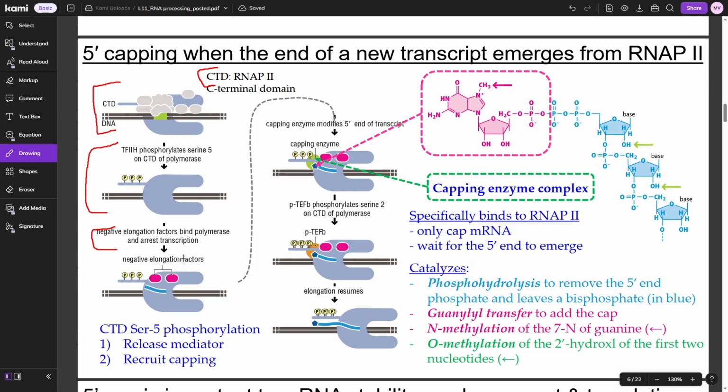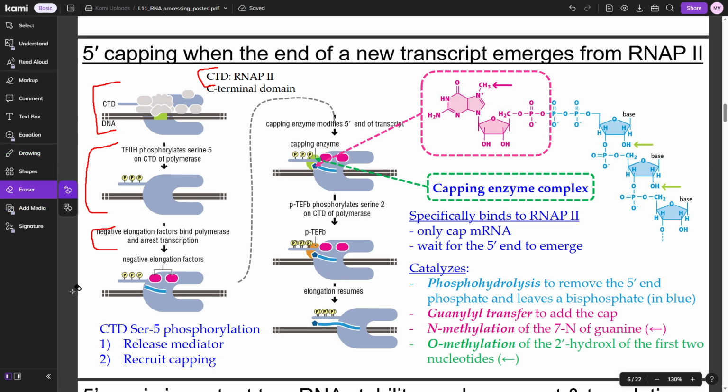And when transcription is arrested by the negative elongation factors, essentially what's going to happen is this capping enzyme, this green enzyme, is going to come in and add a 5' cap to the end of the RNA strand that you're making, and then you're going to phosphorylate again, right?